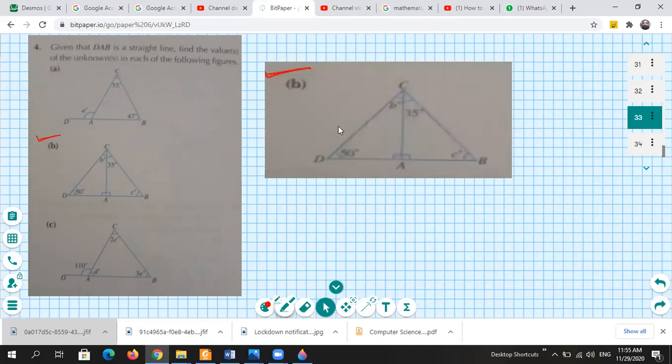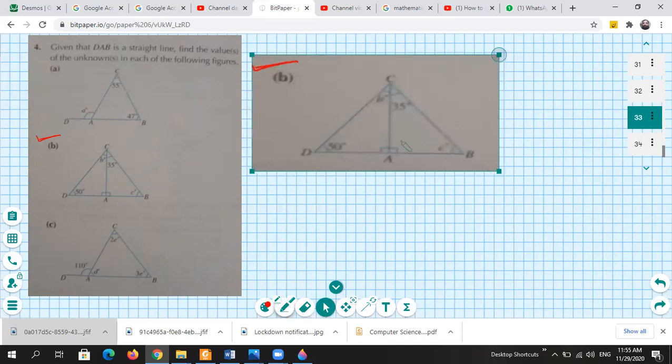There are two triangles. The first one has 50-degree, B and 90-degree angles, and the second one has 35, 90, and C. So we will solve each triangle separately to find B and C.